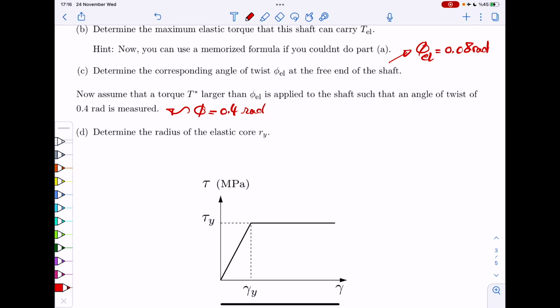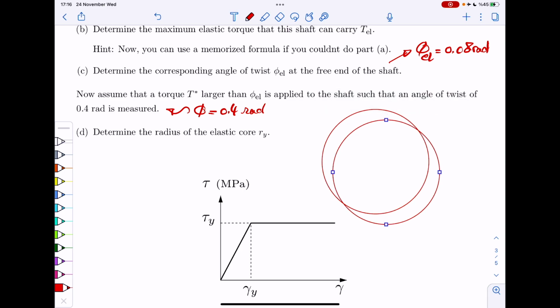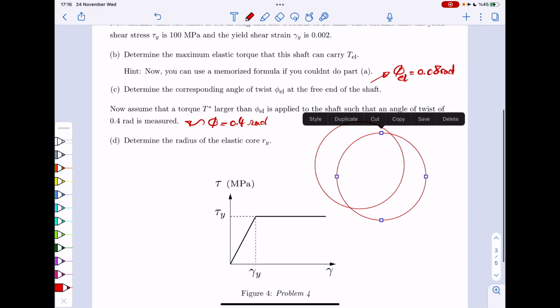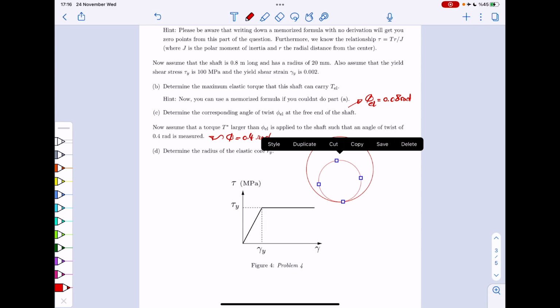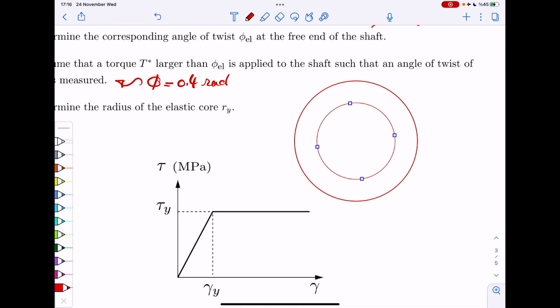So if that happens, it's exactly this thing that I just drew before. Your shaft distributes into two parts: what we call the elastic core in the center, and what we would call the plastic ring.